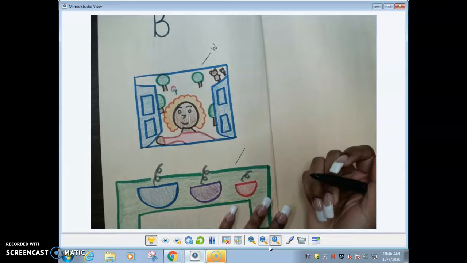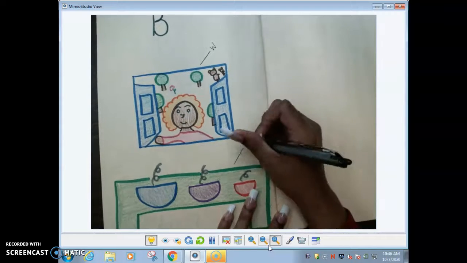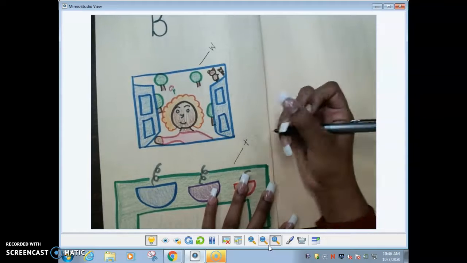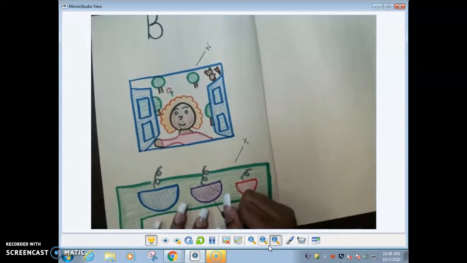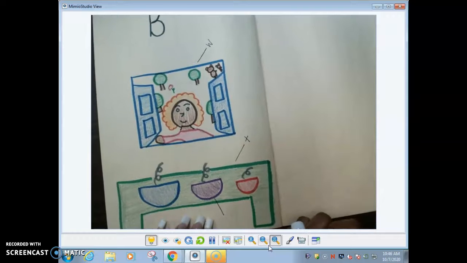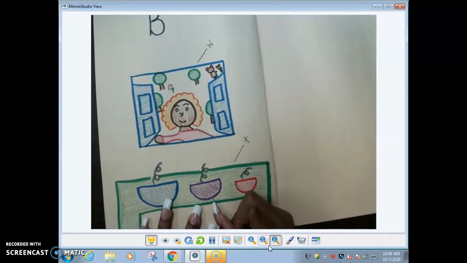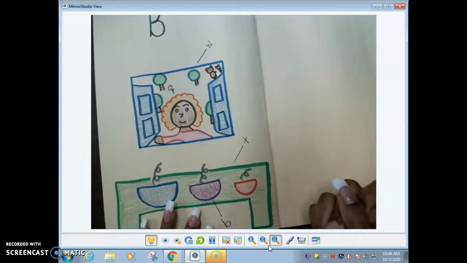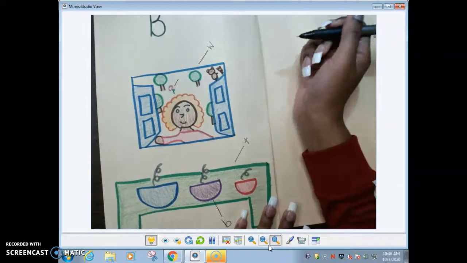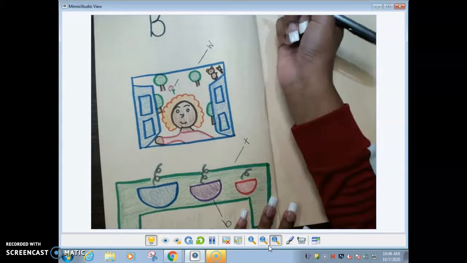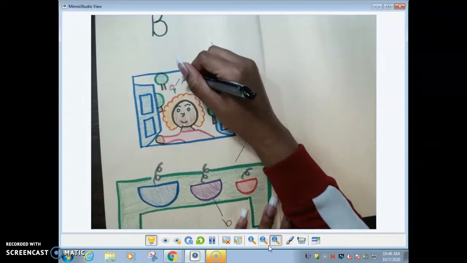So when I hear table, I'm going to label that with a T. And then I see a bowl. I'm going to label that with a what? A B. And then I see a flower. What can I label flower with? F. Yeah.